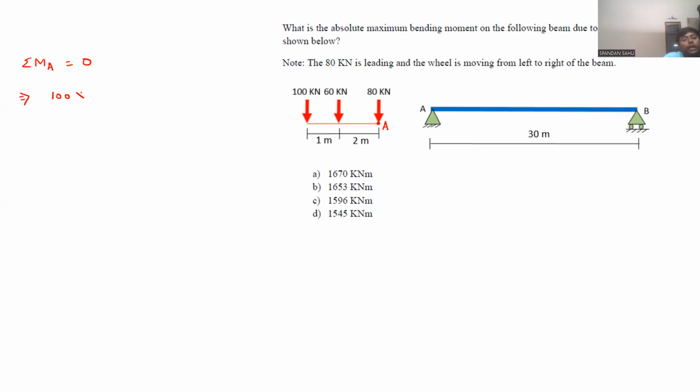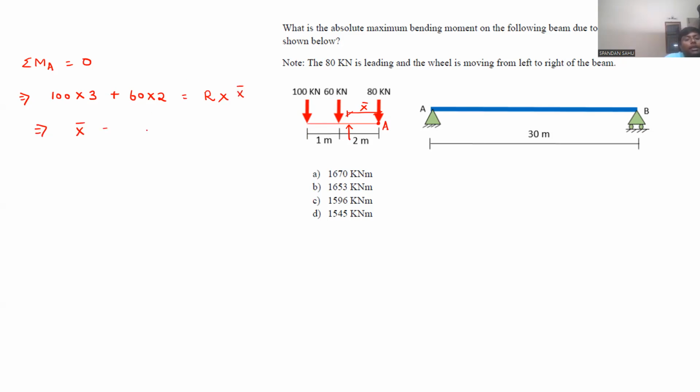So we can write 100 into 3 plus 60 into 2 equal to R into X bar.